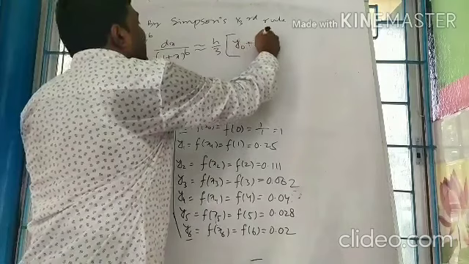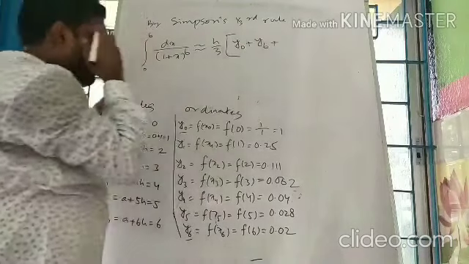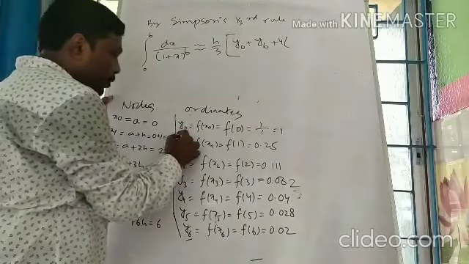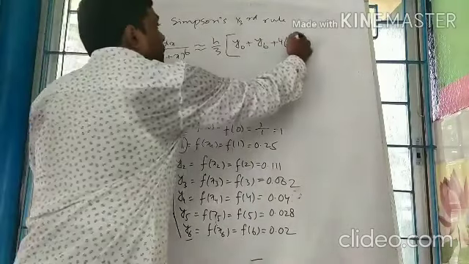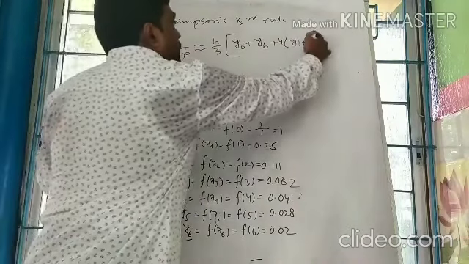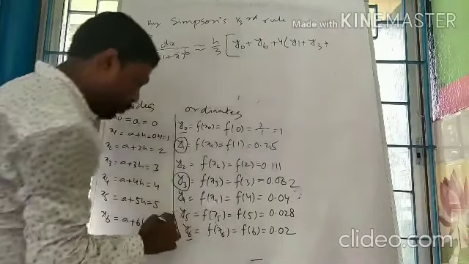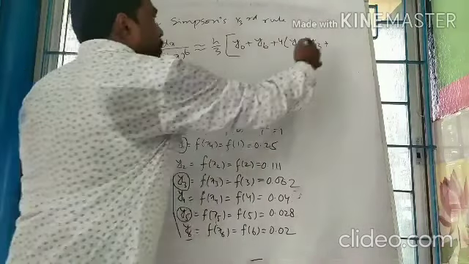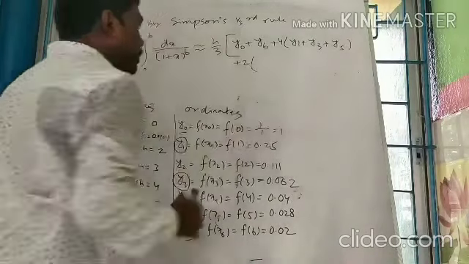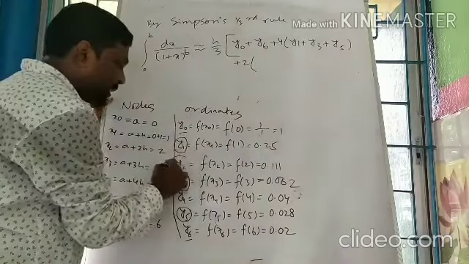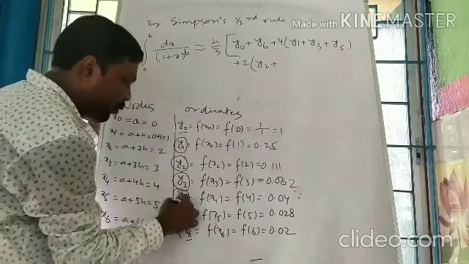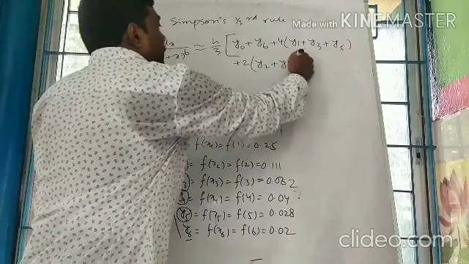That is y0 plus y6, plus 4 into the odd ordinates, which are y1, y3, y5, plus 2 into the even ordinates, which are y2 and y4.